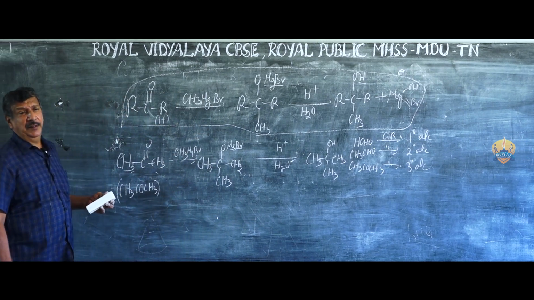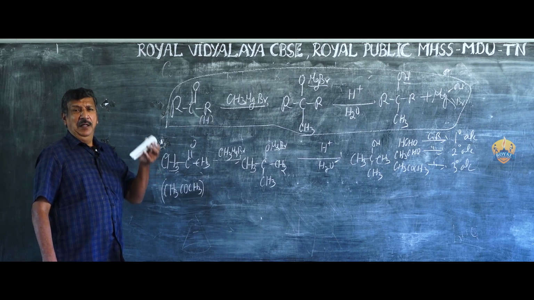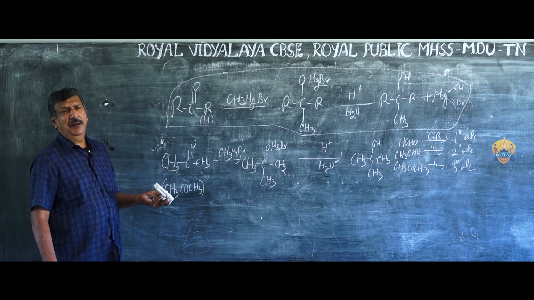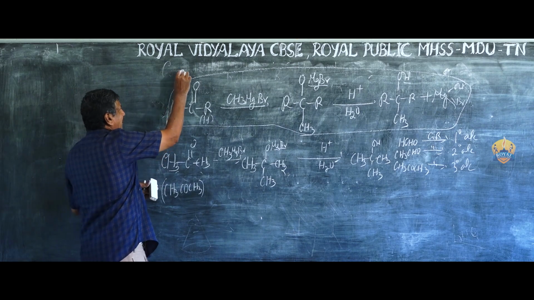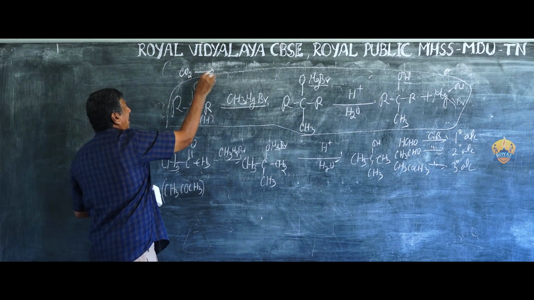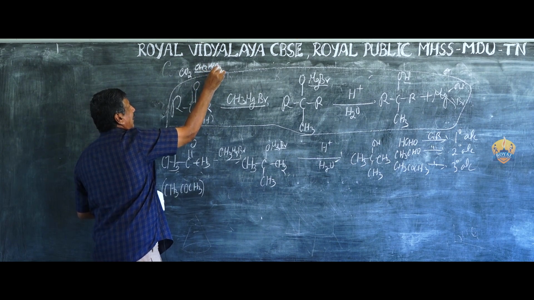Next one, carbon dioxide with Grignard reagent. You see, we are going to learn carbon dioxide with Grignard reagent. This one, carbon dioxide with methyl magnesium bromide.